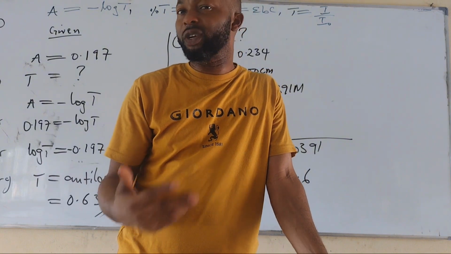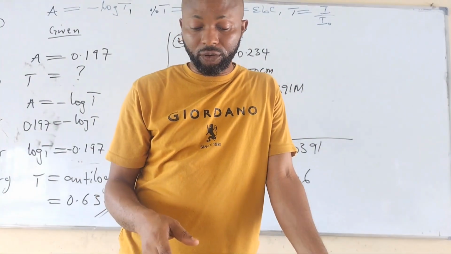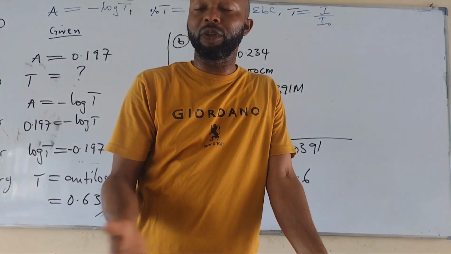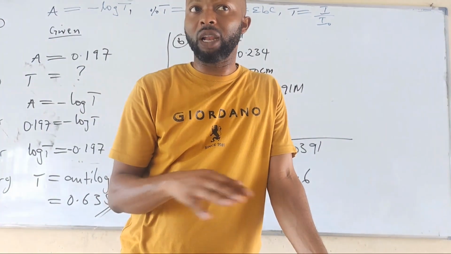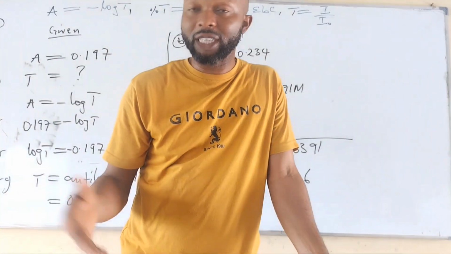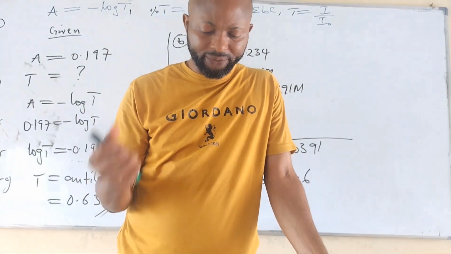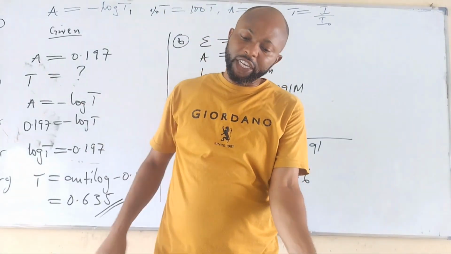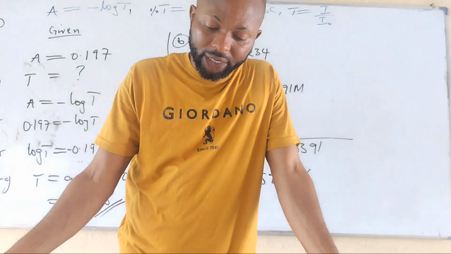All these things are associated with the Beer-Lambert law. And there are a whole lot of other questions, if we want to deal with them. But for the purpose of understanding, I believe with what we've solved so far, we can tackle any question that has to do with Beer-Lambert's law. So there is no assignment today. Okay, let me give you one. In each of the following, enough data are given to calculate the indicated parameters.